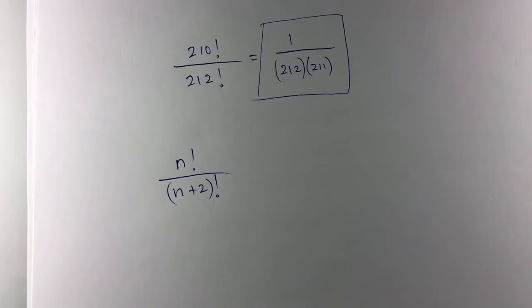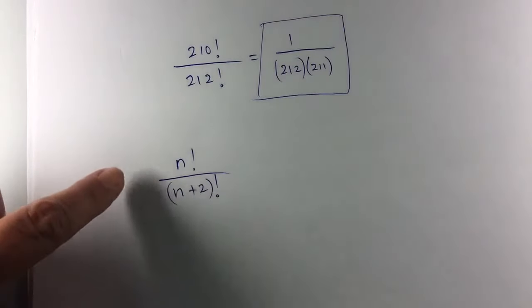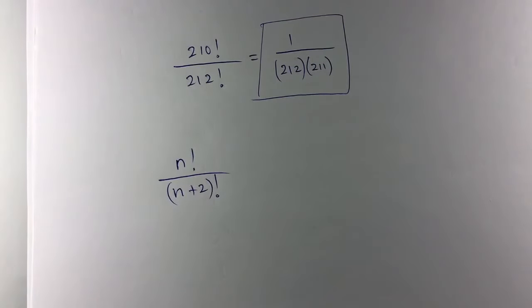And then they're going to ask you to do the limit as n approaches infinity, and tell what happens to that expression. Does it converge? Does it diverge? If it converges, what does it go to? So you'll see some expressions with factorial, but they're going to have some variables in them.